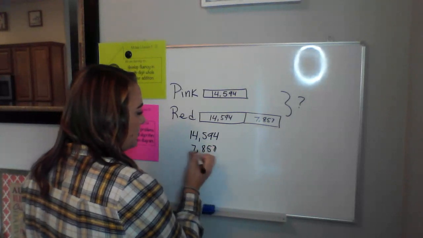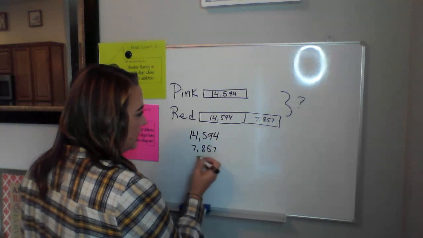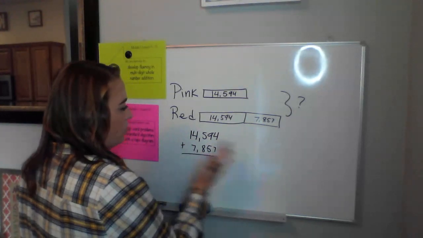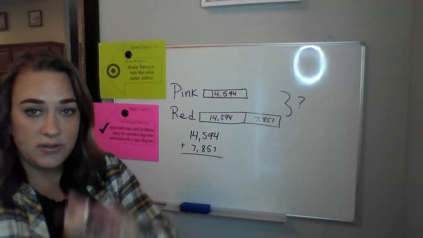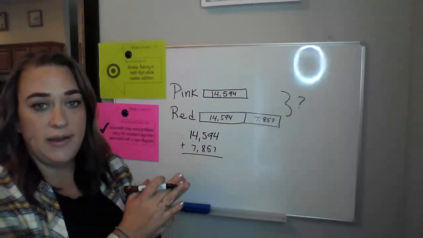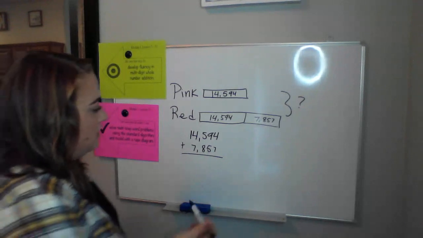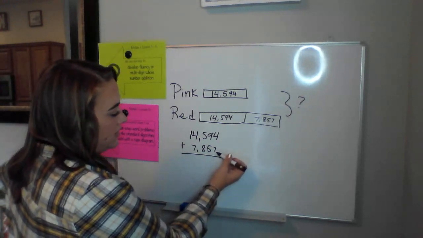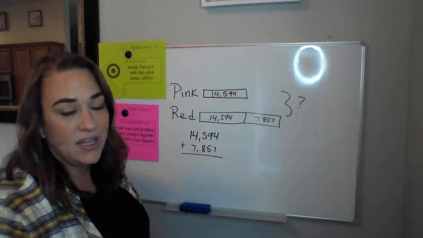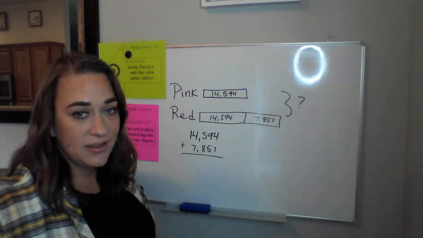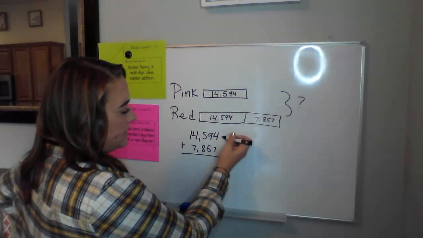Just like we were doing in our last lesson, we start with our smaller place value and work our way over. If we have more than 10 in a certain place value, we bundle 10 and move it over to make one of the larger value to the left. So 4 plus 7, that's going to give me 7. You can, like I said in last video, count up. If you need something to count with to help you keep track, that's fine. So 7 plus 4 gives us 11.